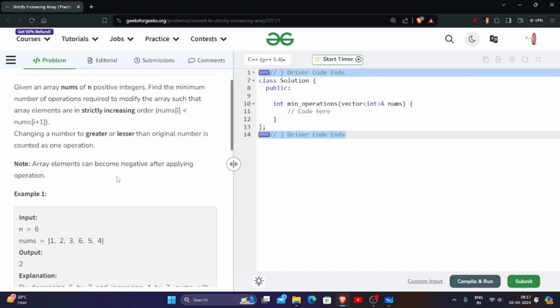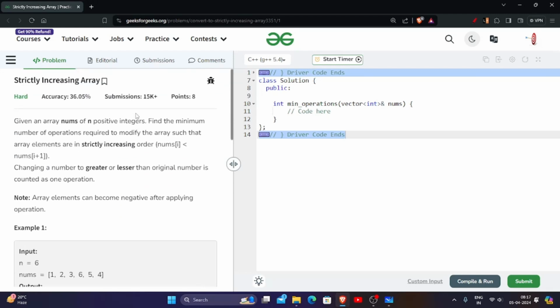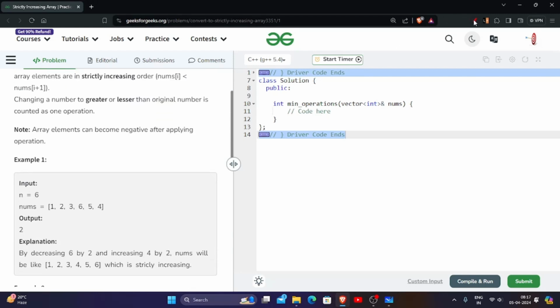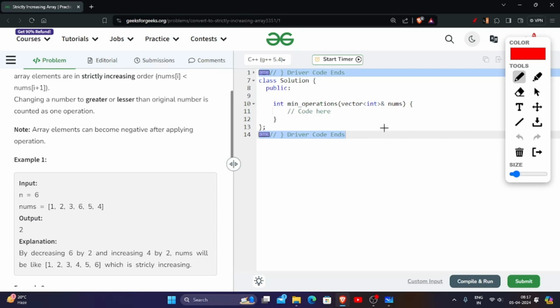So the problem is actually saying that by applying some operations, which is actually modifying some value, like changing this a to some a1, or changing some b to b1, we need to make sure that our array is strictly increasing.